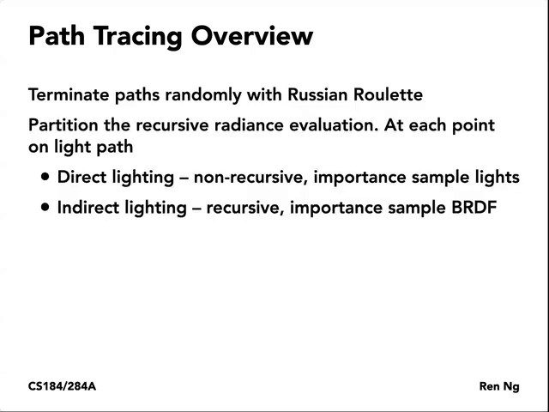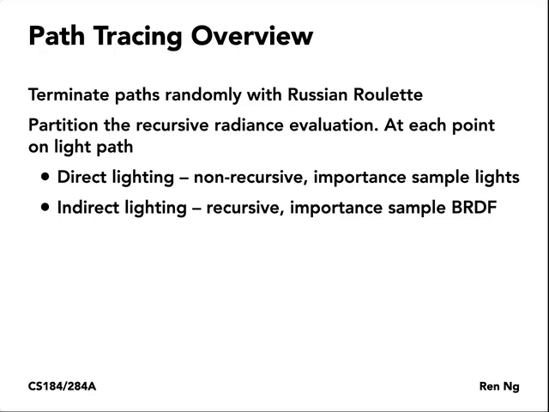The next thing, and this is the key for really driving the noise down through these careful engineering choices, we're going to partition the recursive radiance evaluation so that at each point on the light path, that is at each bounce of light recursively, we're going to break it into two partitions. The first one is going to be to evaluate what we call the direct lighting. This is lighting that comes from a light source directly to that point in the light path so far. So we're going to connect the light path directly to light sources.